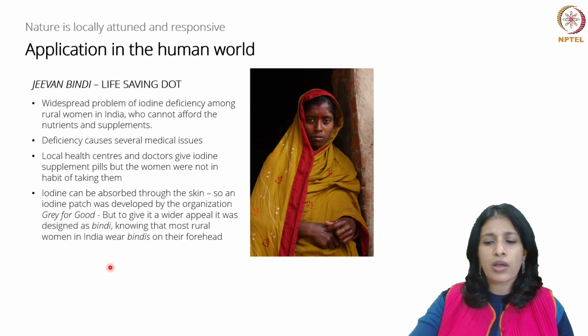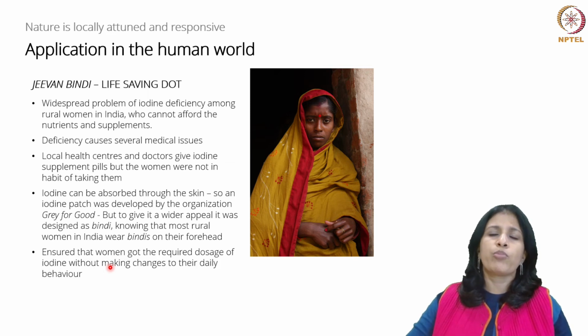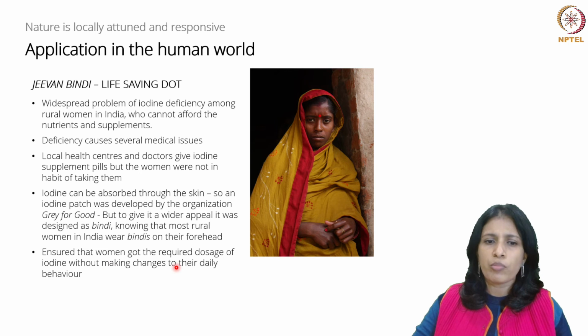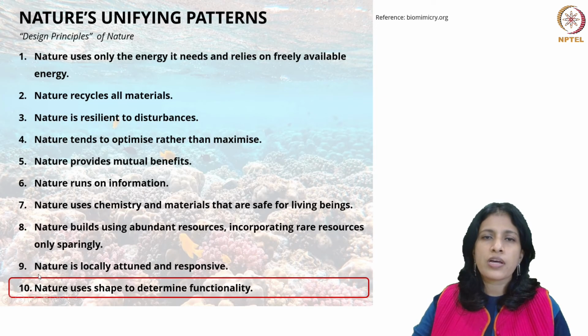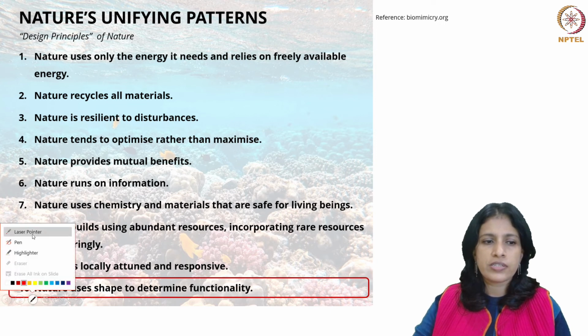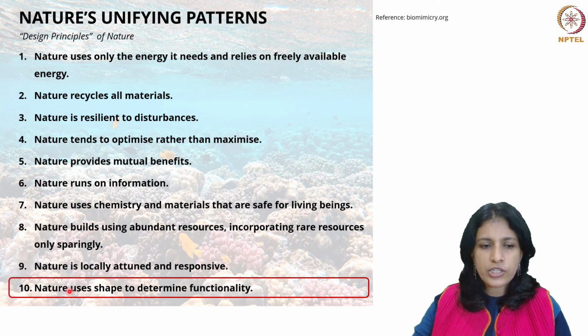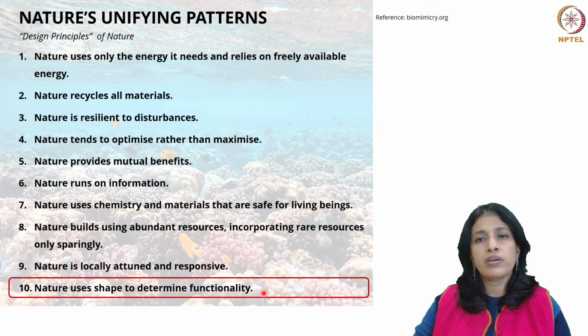And this was able to solve the problem of iodine deficiency among many women because they got the required dosage of iodine through this bindi that they wear. A clear example of understanding the local conditions and taking the lesson of being locally attuned and responsive to local conditions. This brings us to the last pattern on this list, which is nature uses shape to determine functionality.